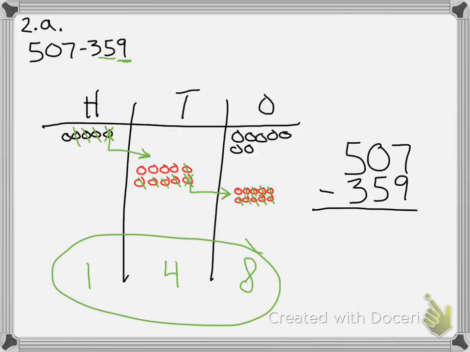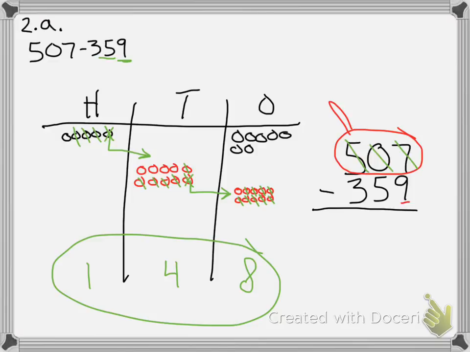Now I'm going to come over here and solve this vertically as well. So obviously I can't take 9 away from 7, so I'm going to have to do a little bit of unbundling.